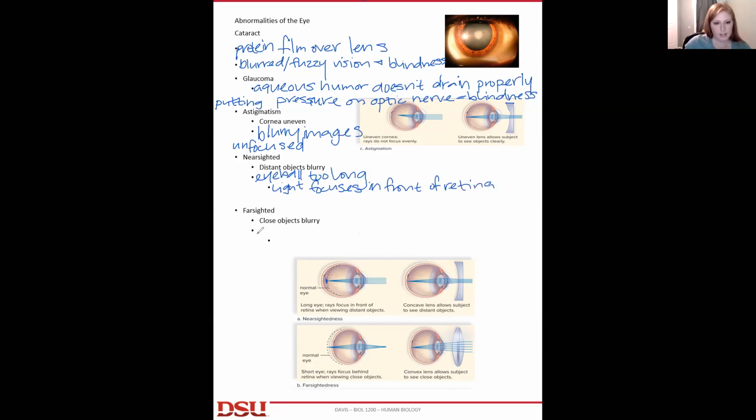Farsighted is the opposite. The eyeball is too short. Okay, so if you look down here, again, if this is where a normal eye should be, the light is going to focus beyond that point on the retina. Focuses behind it.